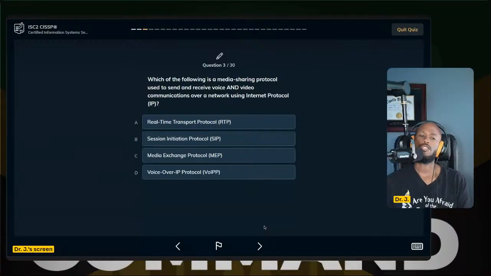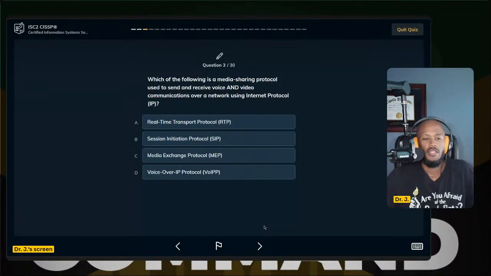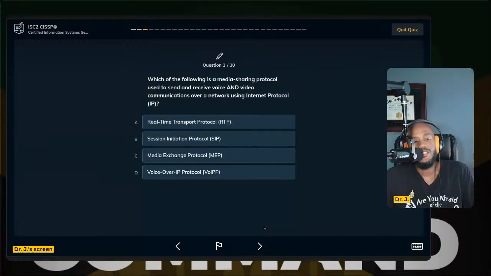So, real-time transport protocol. What would be the parameters for that? I don't know. Is that what you're thinking? RTP? I was looking at that, and I also see media exchange protocol, because media seems to just encapsulate all of it.